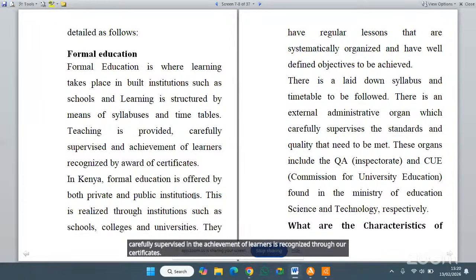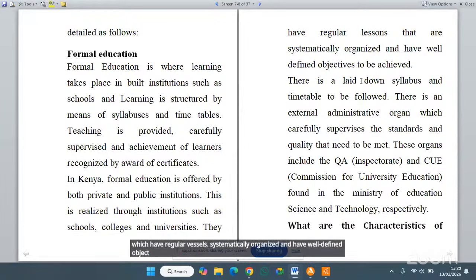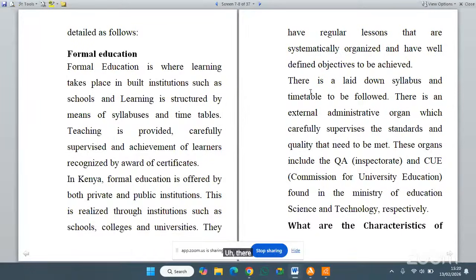In Kenya, formal education is offered by both private and public institutions. This is realized through institutions like schools, colleges, and universities, which have regular lessons, systematically organized, and have well-defined objectives to be achieved. There is a laid down syllabus and a timetable to be followed.